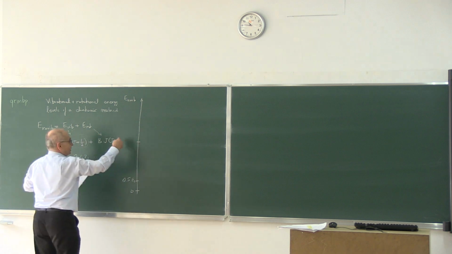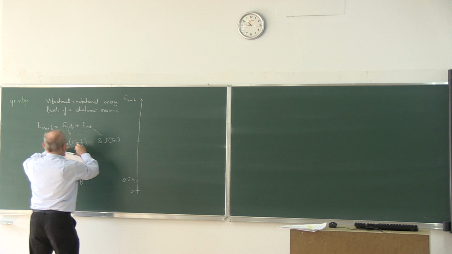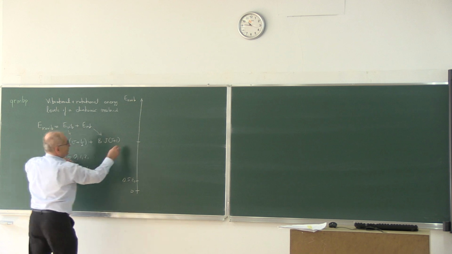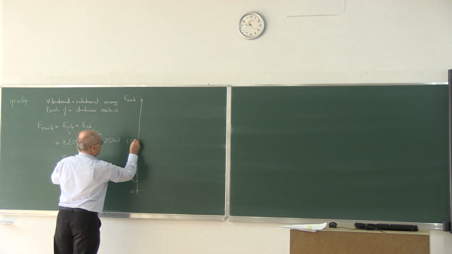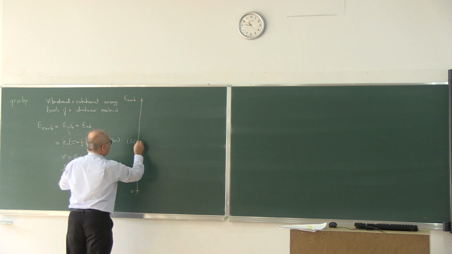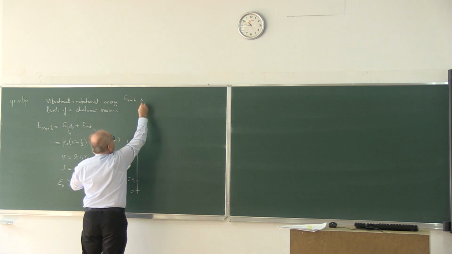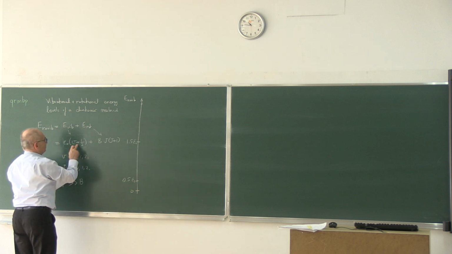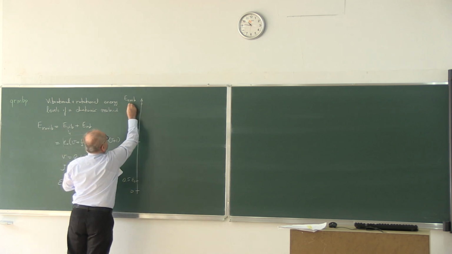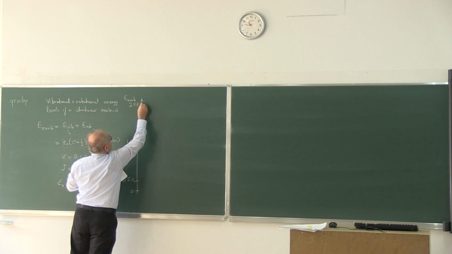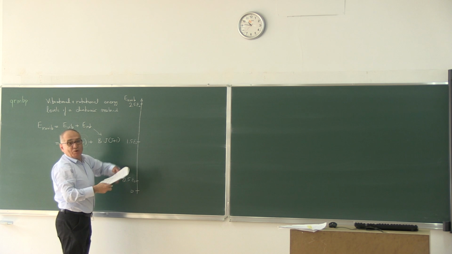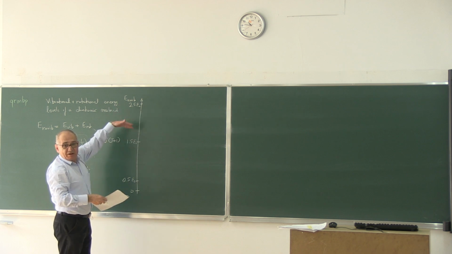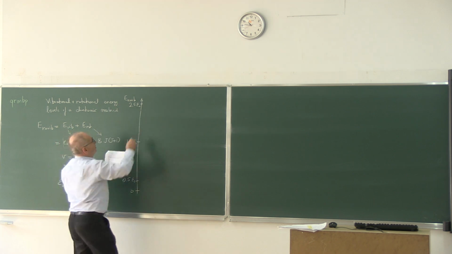Next vibrational energy level is when you put V equals 1, which means 1.5 F0. The one after that is when you put V equals 2 to this expression. This is 2.5 F0. We may continue like this for other higher energy vibrational states.